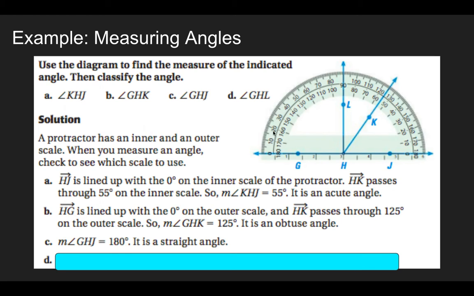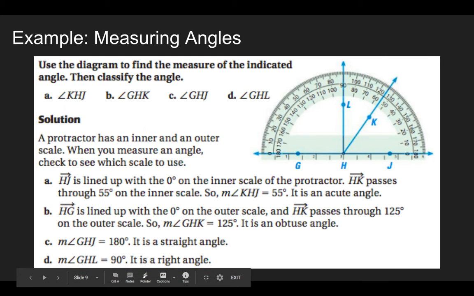Well, 180 minus 90 is 90, or 90 minus 0 is 90. Notice that 90 is true for the outside and the inside numbers, because whether I'm looking at the angle from the left or the right, it's right in the middle. And we call this a right angle.